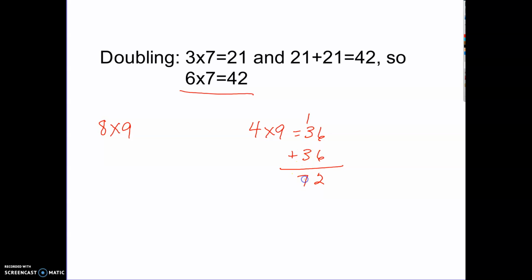That's going to be 7 tens, so my answer is 72. So when I use doubling, I take half of that even number, which is 4, find that answer, and then double it or add it to itself.